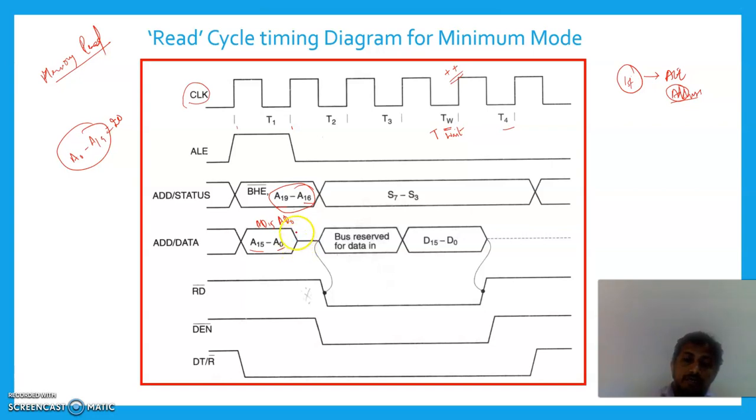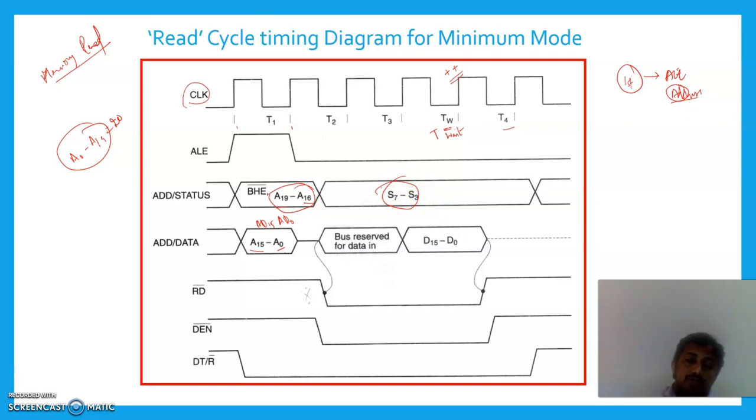Immediately after sending the address, the microprocessor stops sending the address and takes up status information. This status information, S3 to S7, is represented here.